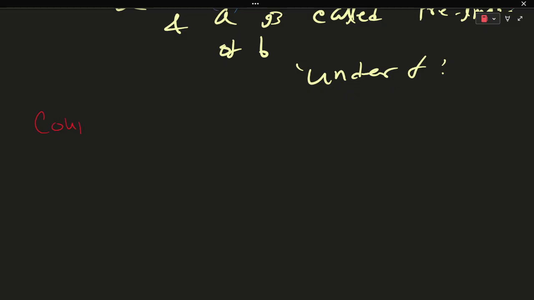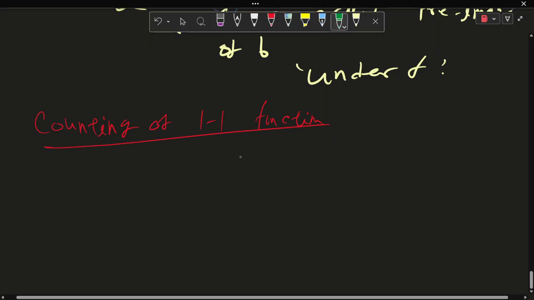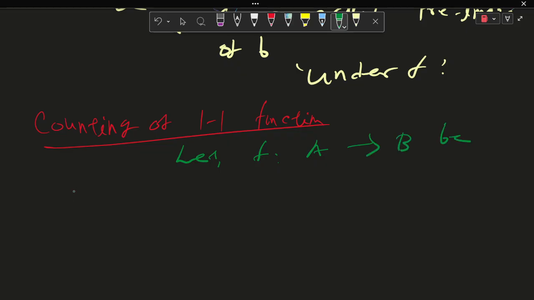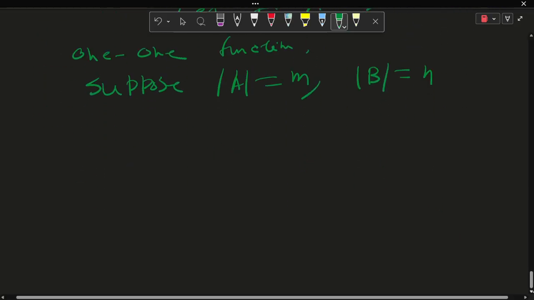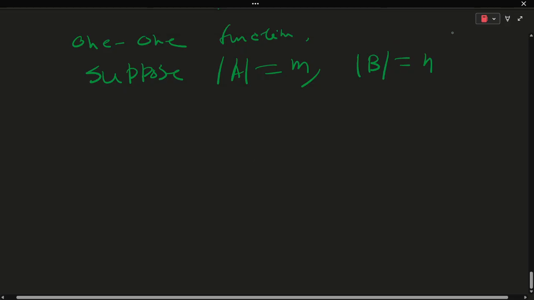Now, counting of one-one functions. Take f from A to B a one-one function, and suppose the cardinality of A equals m and the cardinality of B equals n.